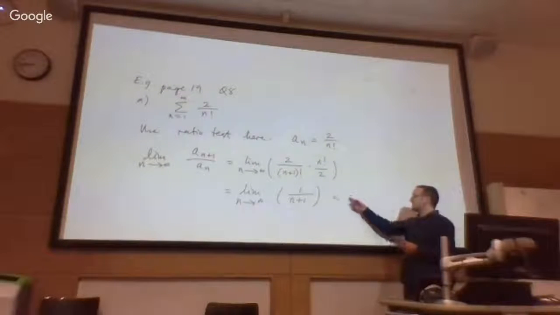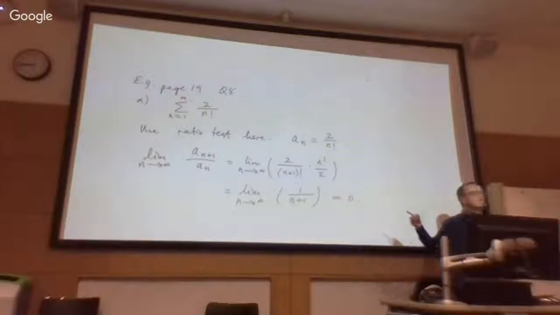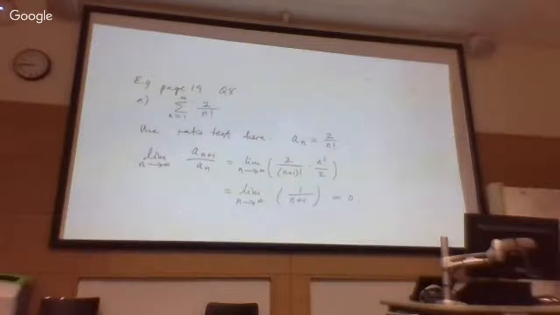Now the ratio test says because this limit L is strictly less than 1, we've got a limit of 0 here, the limit is strictly less than 1. So the ratio test implies that this series is convergent.